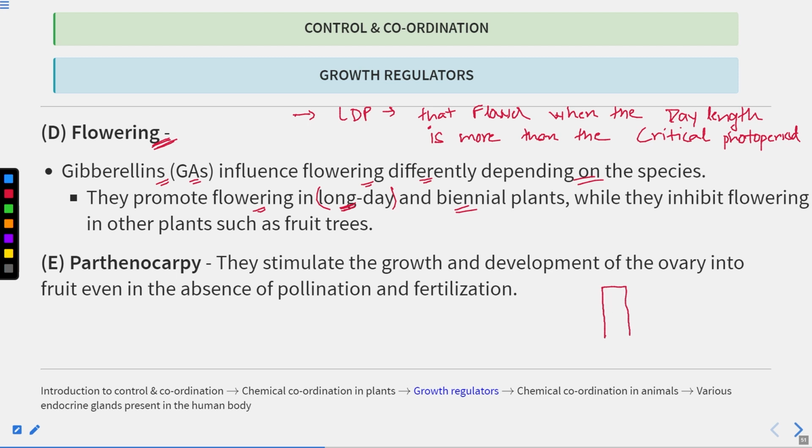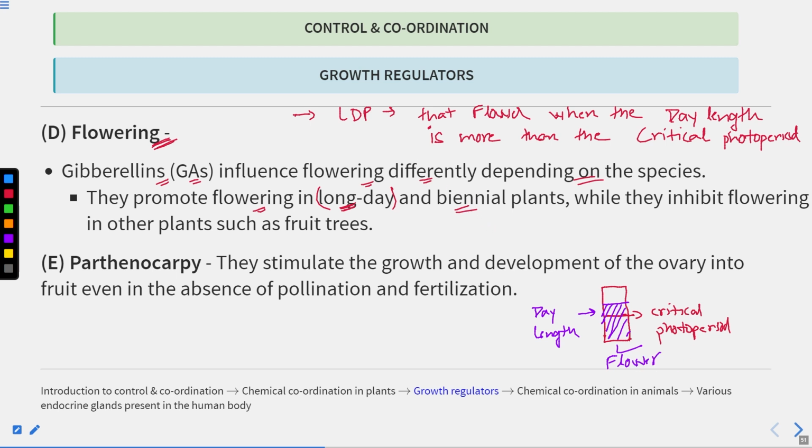Now what happens? Let's again understand a little bit about long day plants. If this is the critical photoperiod, then what will happen if the day length is more than the critical photoperiod? If this is the day length, and the day length here is more than the critical photoperiod, then in this condition it will flower.